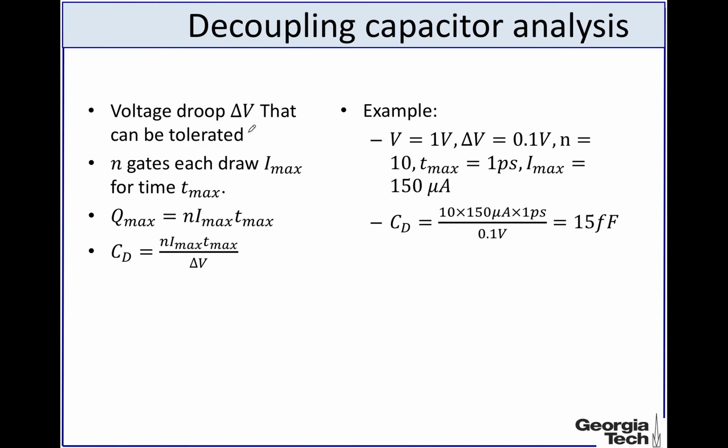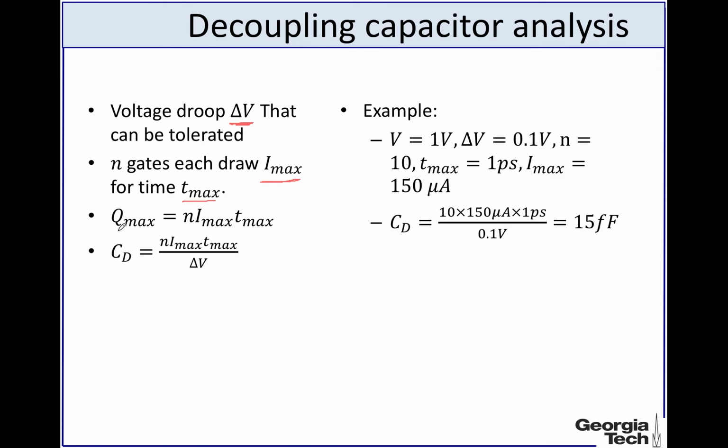So let's say the maximum change in the voltage that can be tolerated is delta V, and let's say in the logic block there are N gates, meaning logic gates, and each logic gate draws a current of I max for a time duration of T max.